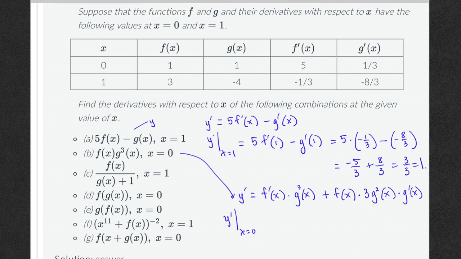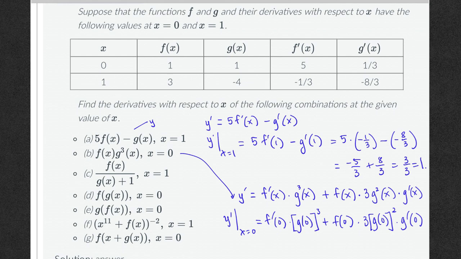And so this is f prime of 0 times g of 0 raised to the third power plus f of 0 times 3 times g of 0 raised to the 2 times g prime of 0.